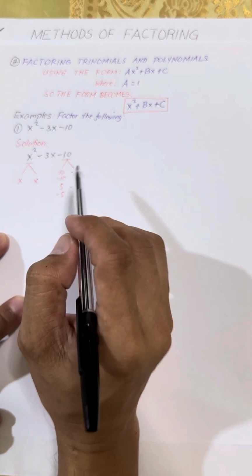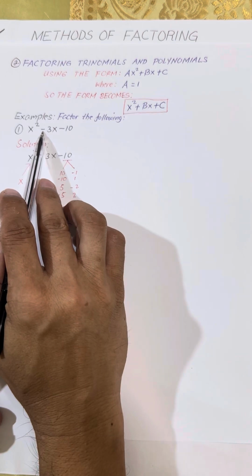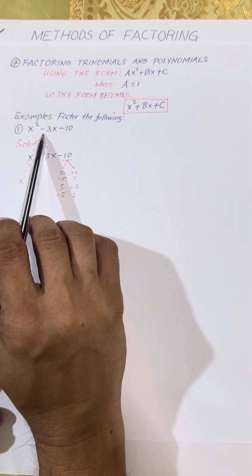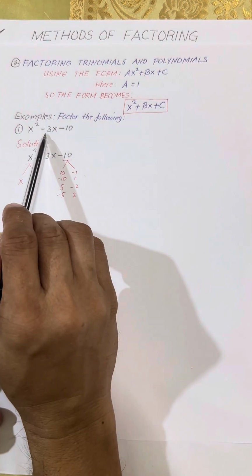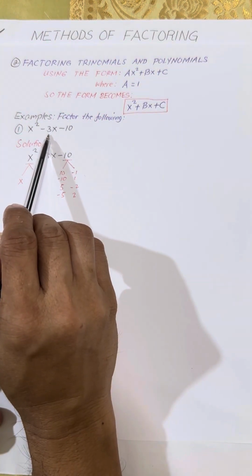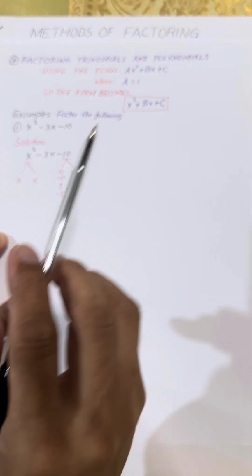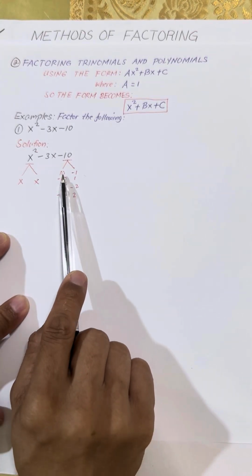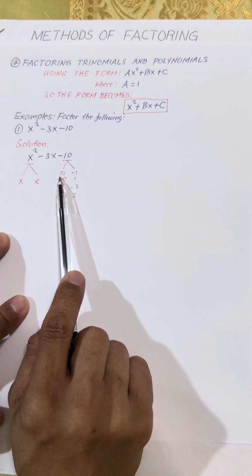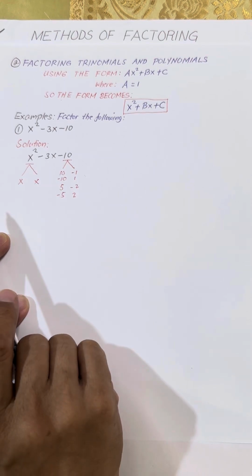Okay, so notice that our middle term is negative. The coefficient is negative 3. So you have to think which of this combination will give you negative 3.